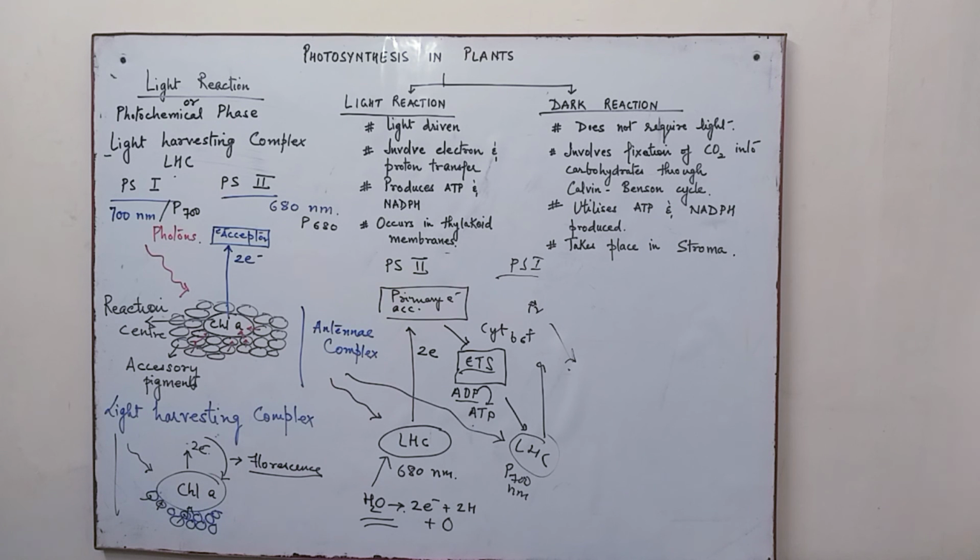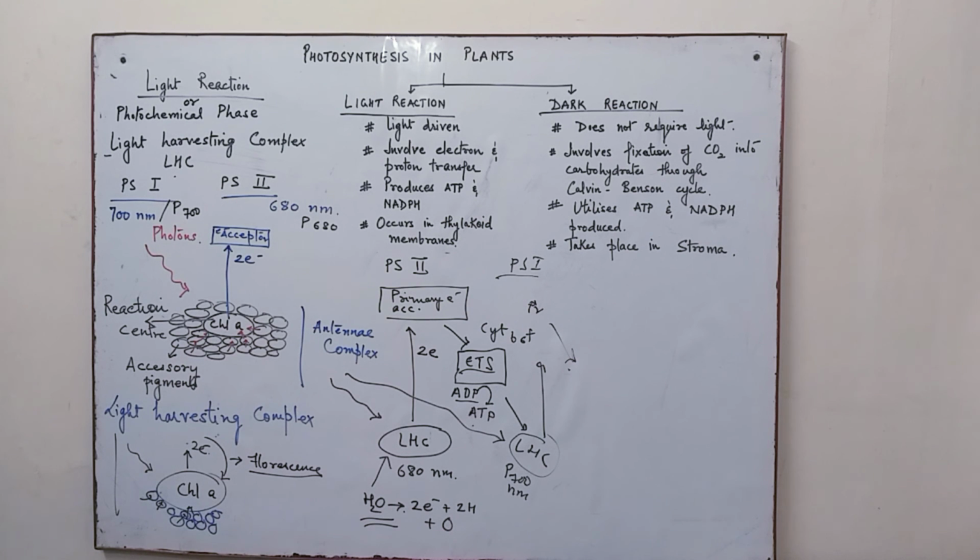The shape is obtained when all the carriers of electrons are placed on a redox potential scale. Also, the protons produced during the process are released within the lumen of the thylakoid, whereas the oxygen which is formed is released towards the outer side of the membrane.